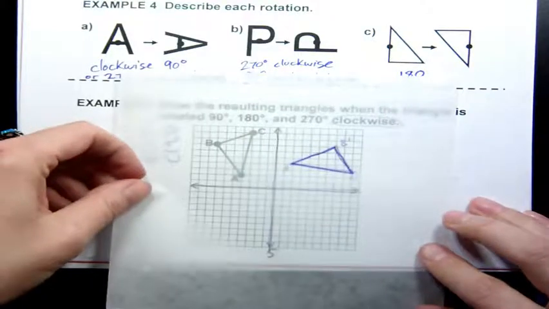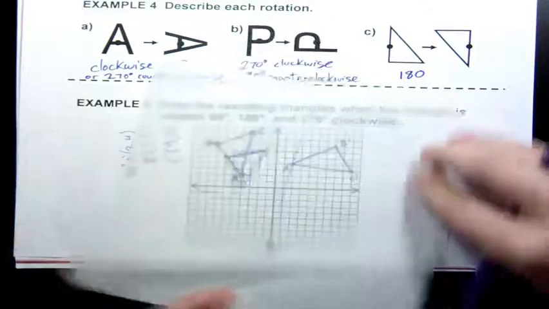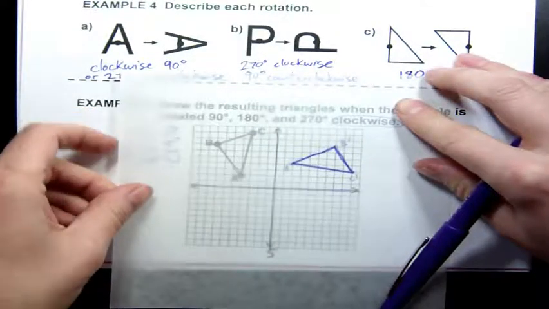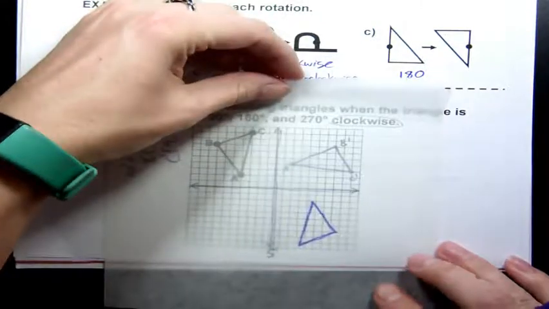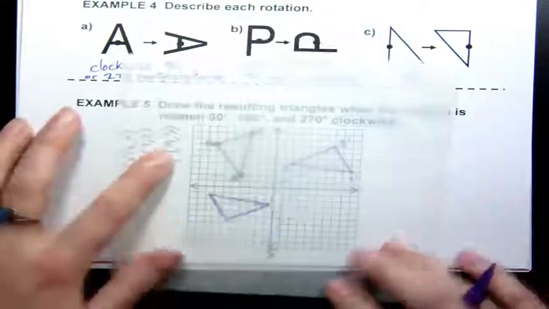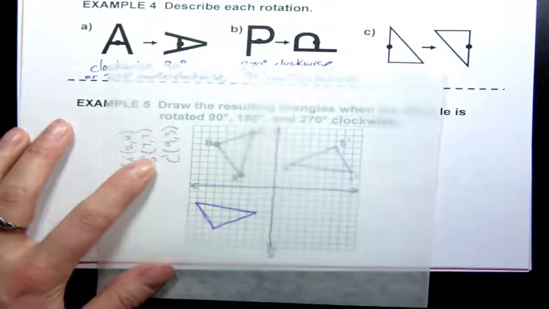And I can check and just turn it. Yes, I did it correctly. It rotates perfectly on top of it. And then I can rotate it this way and see, okay, so when it comes down here, it's supposed to rotate like that. When it comes this way, it should rotate like that.